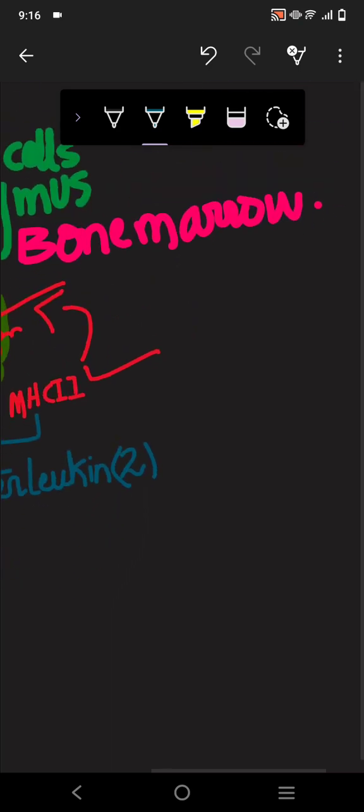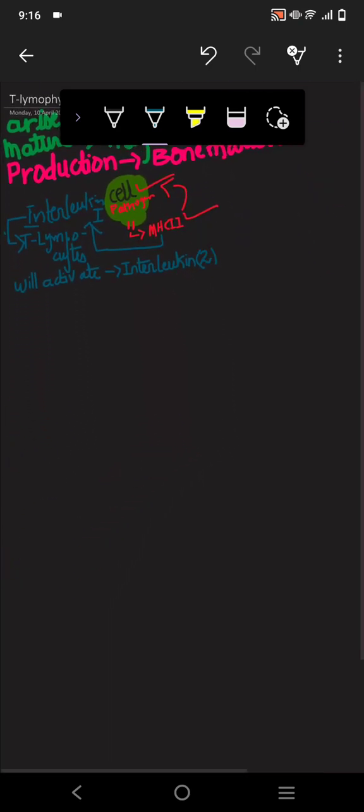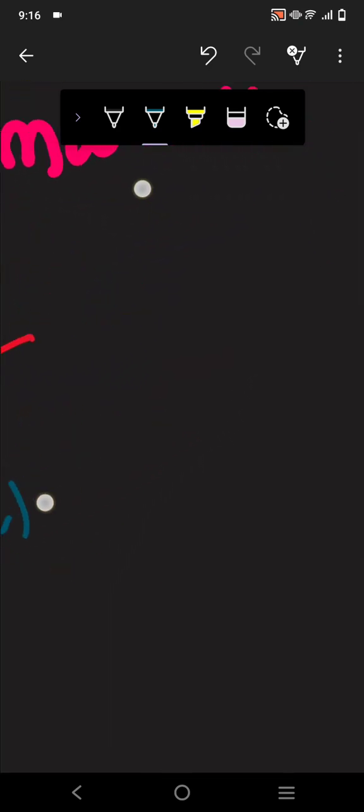Now we are going to talk about the types of T lymphocyte.